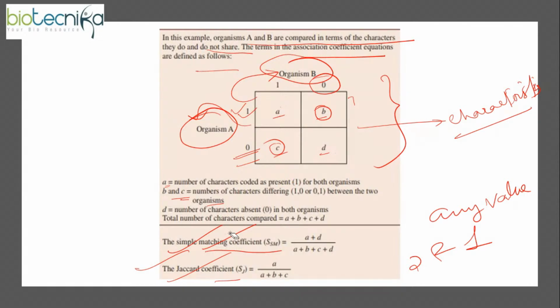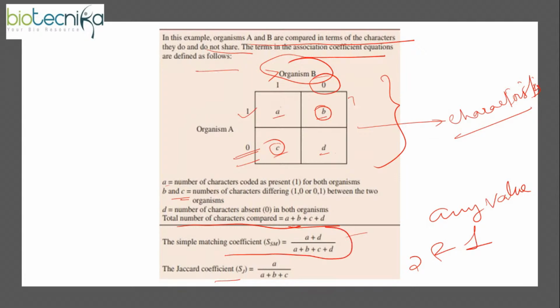So how do we calculate simple matching coefficient, everyone? First we have to do the total number of the characters compared. How many characters were there here? 4 characters, A, B, C and D. So first we have to add up: A plus B plus C plus D. Now A plus D divided by A plus B plus C plus D. This formula is very important.